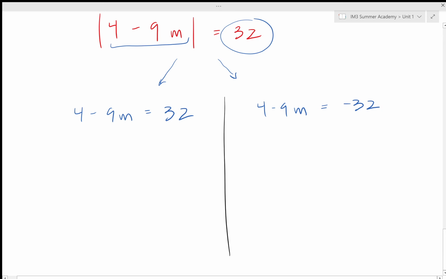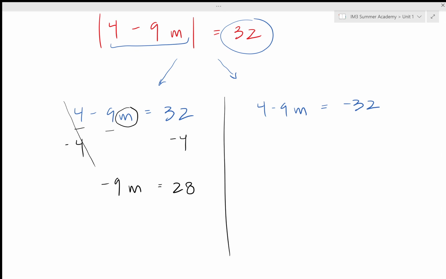All right, so we'll do the problem on the left first. I need to get m by itself. There's a 4 and a 9. The 4 is actually going to move first, and we're going to move it by subtraction. So we still have negative 9m equals 32 minus 4 is 28. See, we moved the 4 because that's a little bit farther away from the m. We want to get closer and closer to it.